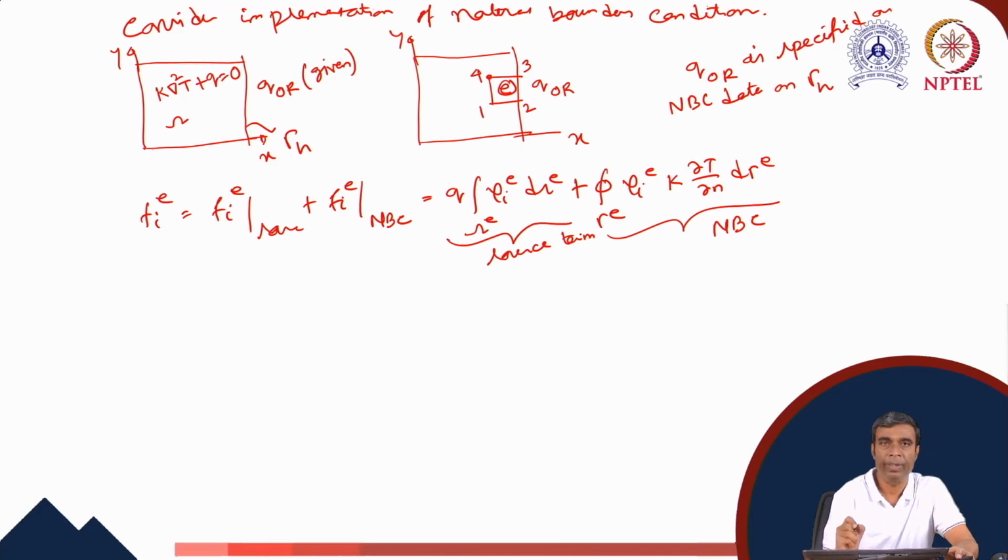Now this heat flux is specified along the boundary 2, 3, and it does not have any contribution along the remaining edges.